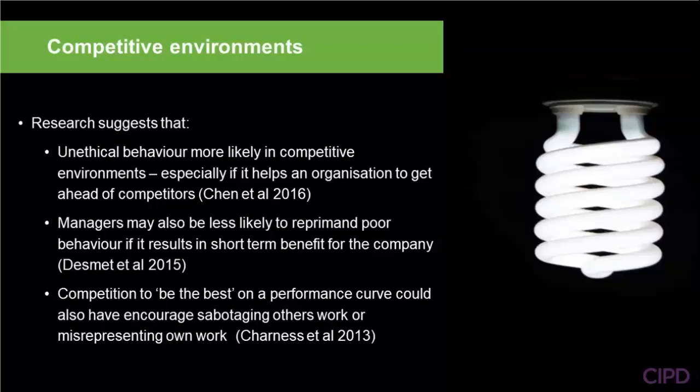And that's also the case if that person might be a top performer. So the research also suggests that if someone's really good at their job, let's say they're hitting all their targets, if they do something that's potentially unethical, they might be less likely to be reprimanded for that as well. So a bit of a tension there between outcomes such as profits and ethics.